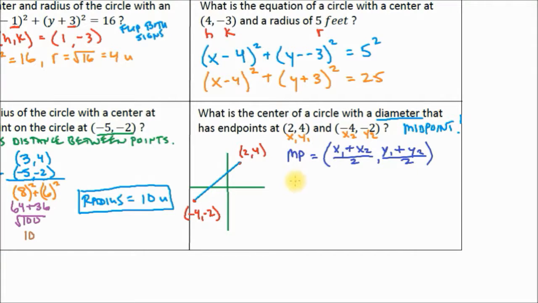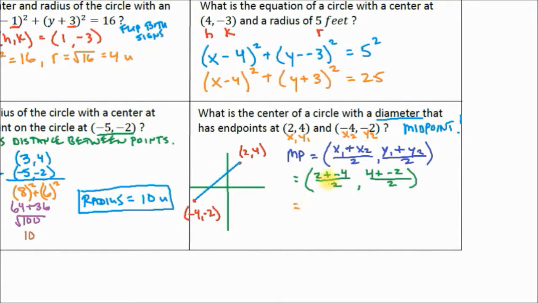And now we'll go ahead and plug these into our equation. So x sub 1 is 2, plus x sub 2, which is negative 4, over 2. And then we've got y sub 1, which is 4, plus y sub 2, which is negative 2, over 2.